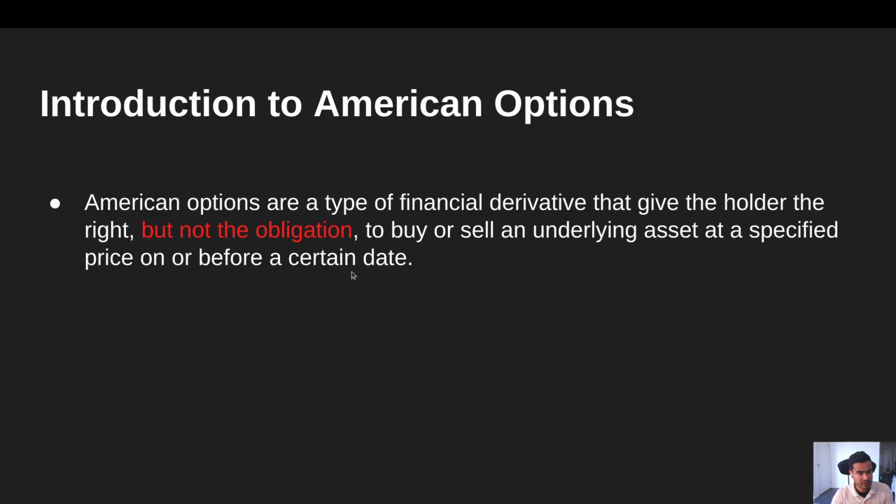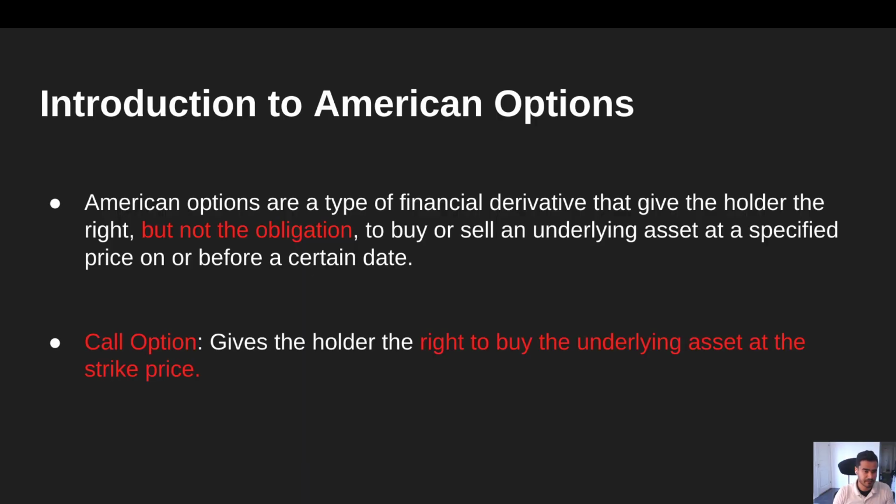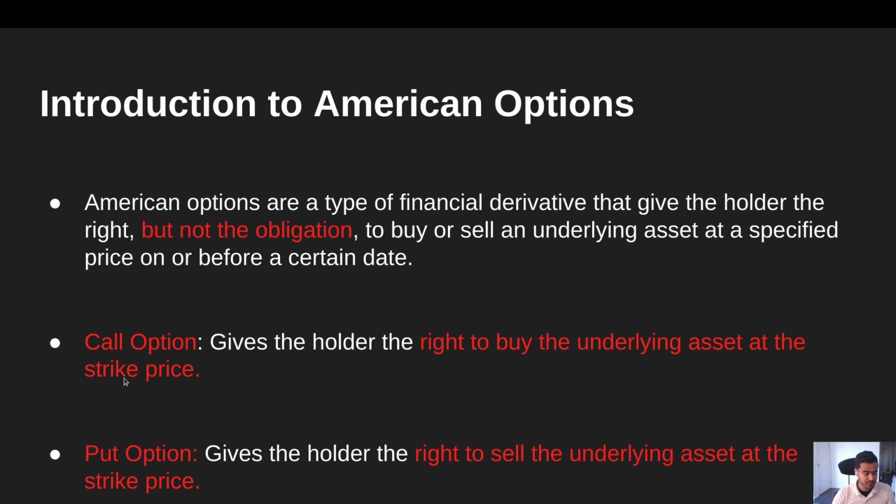So we have two main options. One is the call option, which gives the holder the right to buy the underlying asset at the strike price, and we have a put option, which gives the holder the right to sell the underlying asset at the strike price.